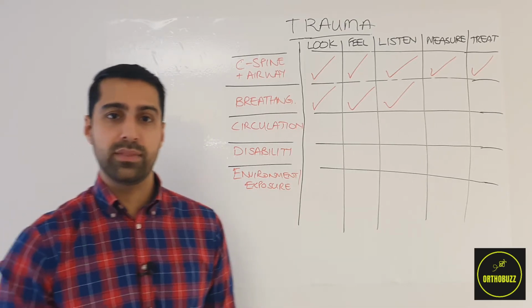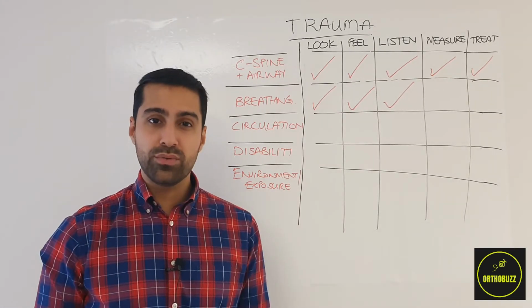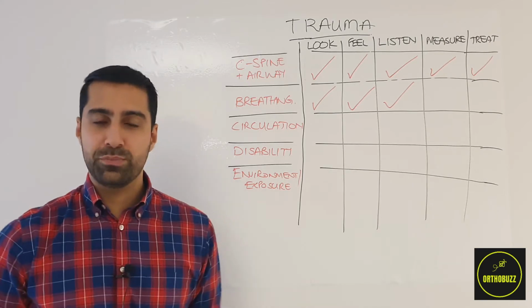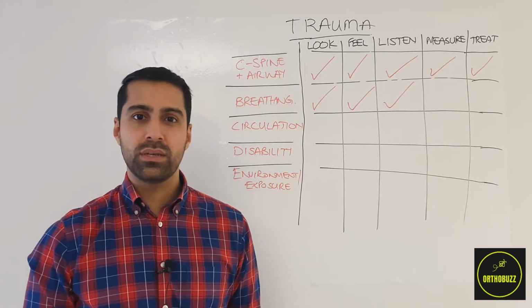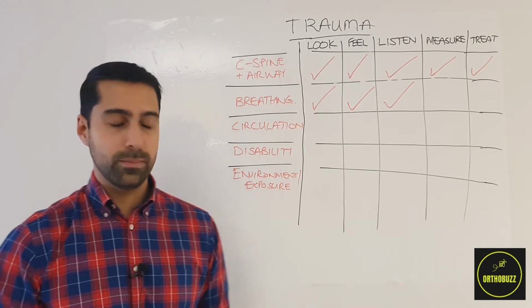This would have been done in the feel section. We would then want to measure the patient's respiratory rate and again check on their saturations. A high respiratory rate again suggests that there is some airway pathology or breathing pathology that may be going on.